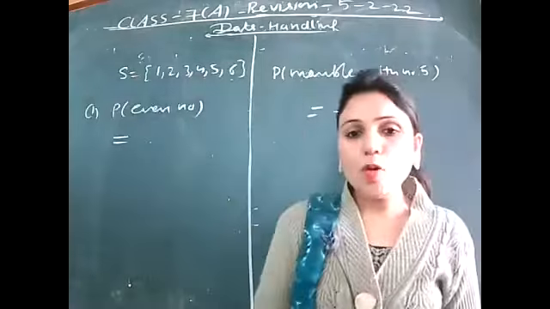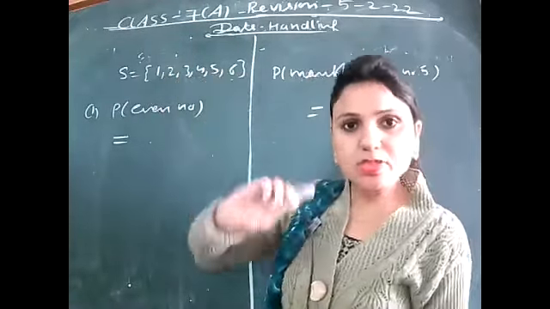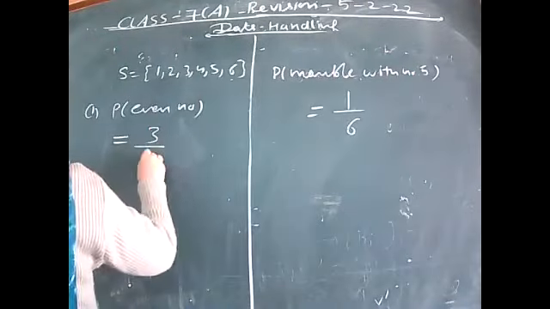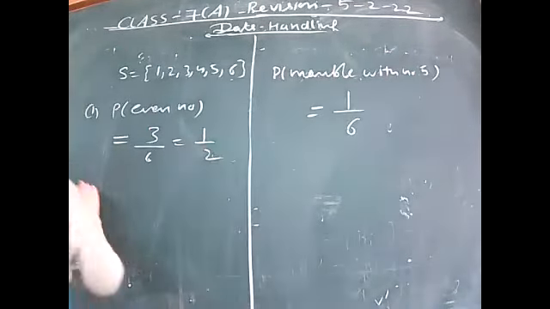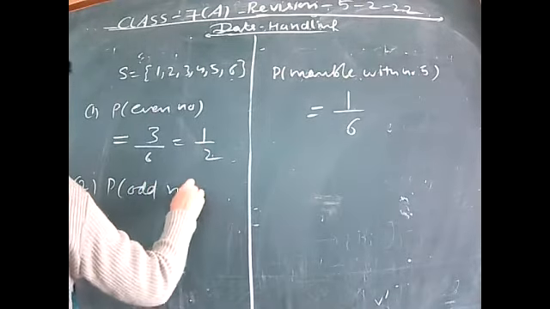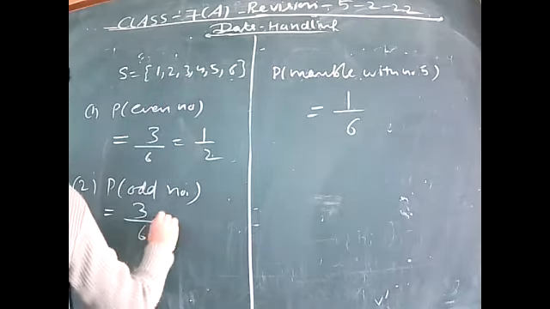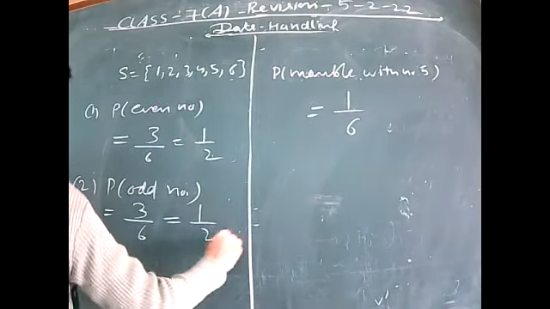So you know how many even numbers are there? 2, 4, 6. 3 even numbers. So favorable case is 3, total 6. It is 1 by 2. Second, probability of getting odd number. 1, 3, 5. Total 3. Favorable 3, total 6. 1 by 2.